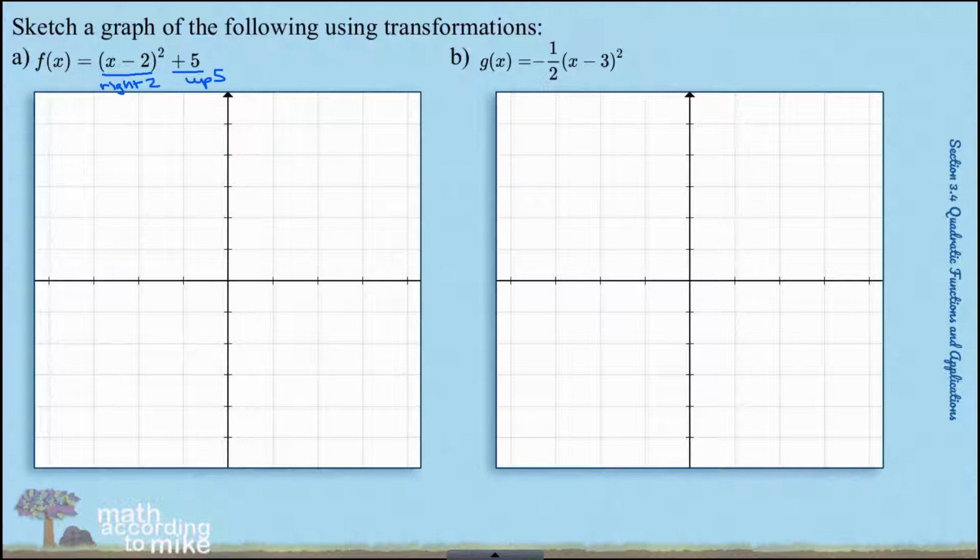So you don't have to draw this part, but our standard parabola I'm going to draw here in blue. We're going to just take this graph here, move it 2 to the right and up 5. So instead of it being centered at 0, 0, by moving it 2 to the right and up 5, it's now centered at 2, 5.